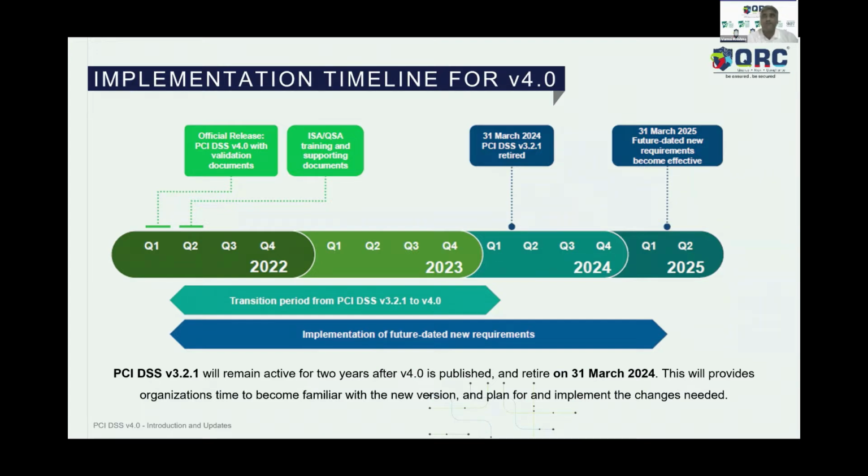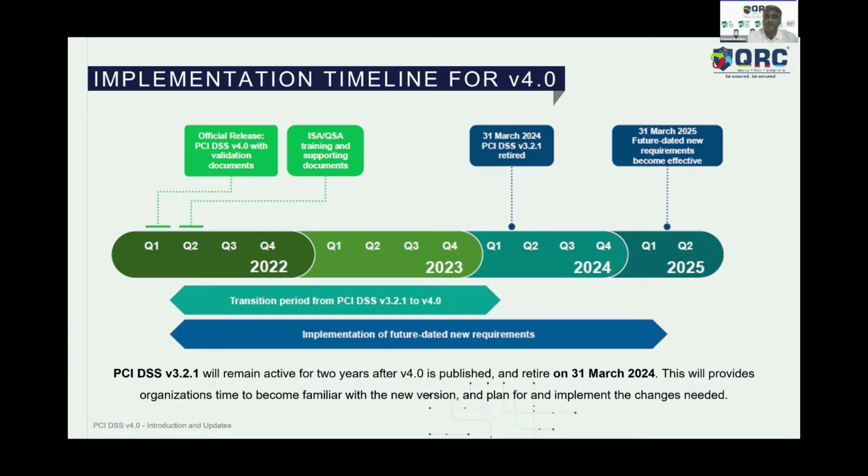We are receiving requests for certifications on 4.0, but only after quarter two can QSA companies provide certifications as per 4.0, because as of now all QSAs are only qualified for the earlier version, 3.2.1. After quarter two, the council will start trainings and everything.